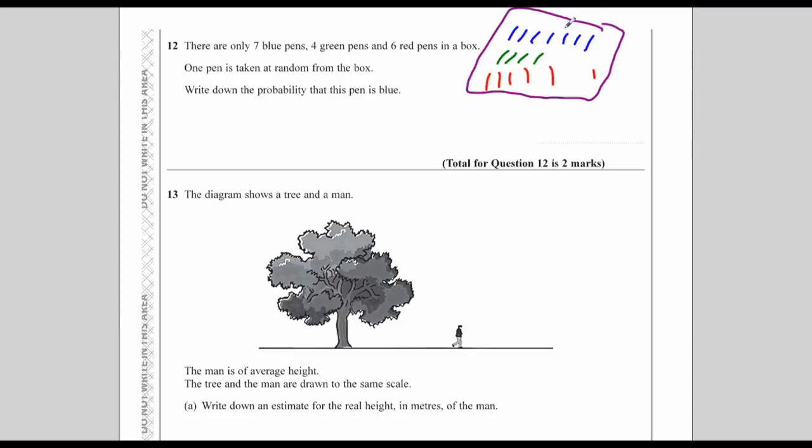Okay, we've got our pens. 1 pen is taken at random from the box. Okay, so you're not looking at what colour it is, you're just going to randomly pick one out, mix them all together, pick one out. Write down the probability that the pen is blue. Okay, now look at the numbers and look at the diagram. There's more blue pens than not blue pens.